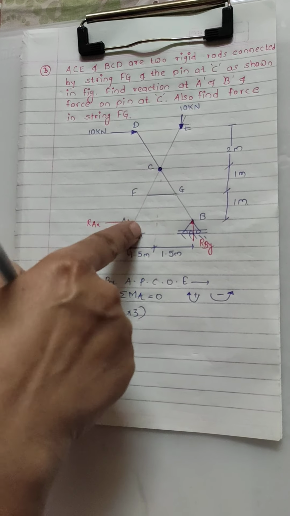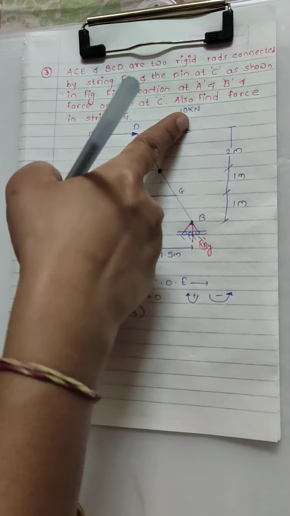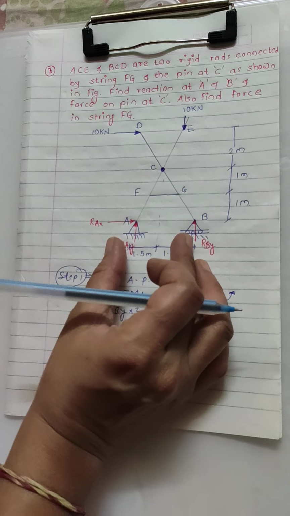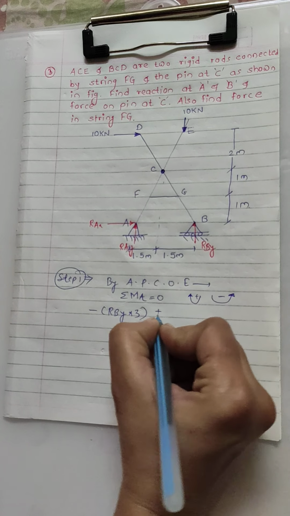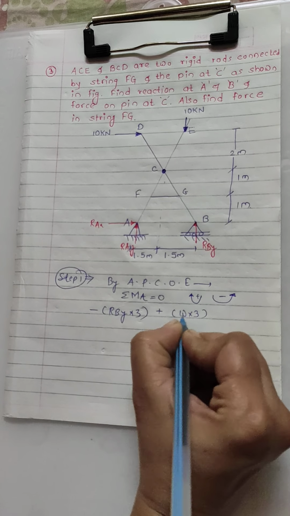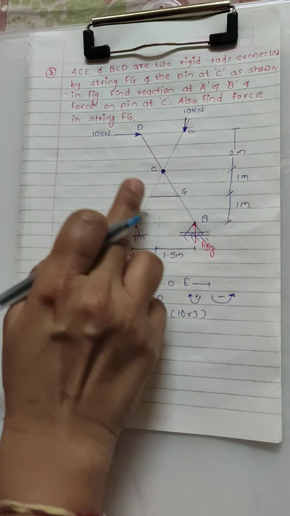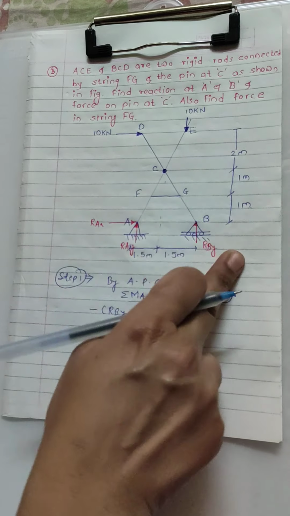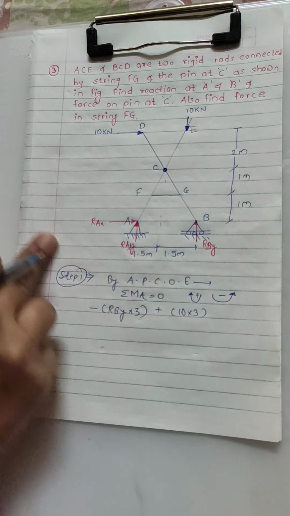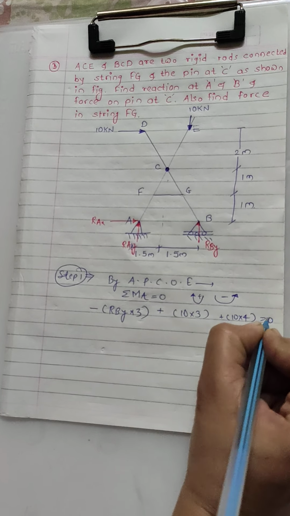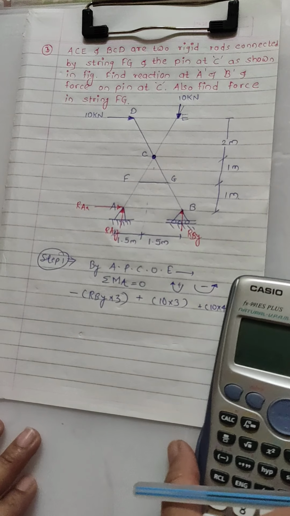Moment of this 2 at A will be 0. Moment of this vertical 10 at A will be 10 into 3, clockwise. And moment of this 10 at A will be 10 into this vertical distance, that is 4, acting clockwise, equals 0.